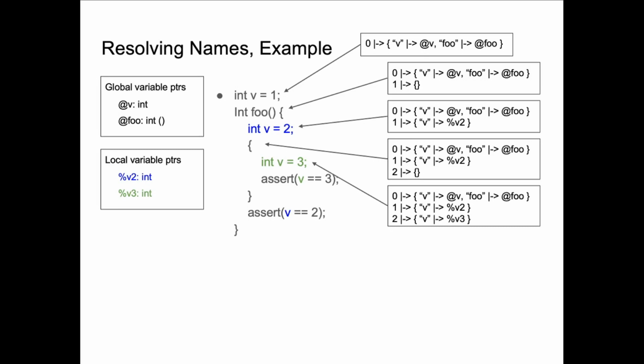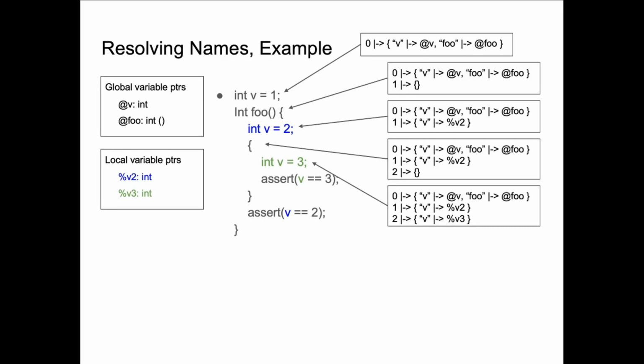Again, the name is not semantically meaningful, but we're just going to use v3 in order to disambiguate the local variables. So these two local declarations of v are different, and that's the reason why we have two local variable pointers, &v2 and &v3. And at the same time, the symbol table is updated.